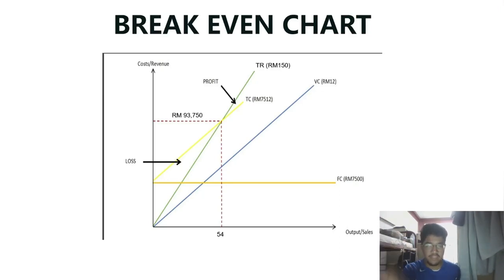However, in this case we have a profit. TC is 7,512 ringgit, TR, total revenue, is around 150 ringgit, VC, variable cost, is around 12 ringgit, and FC, fixed cost, is around 7,500 ringgit.